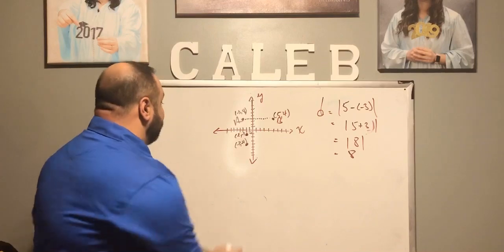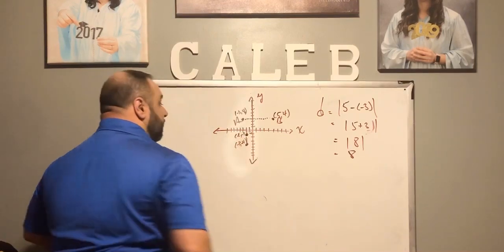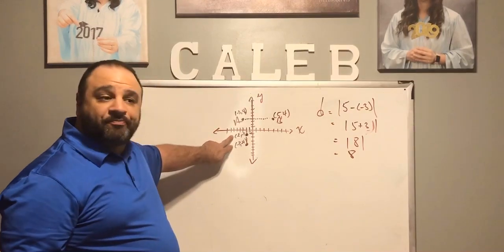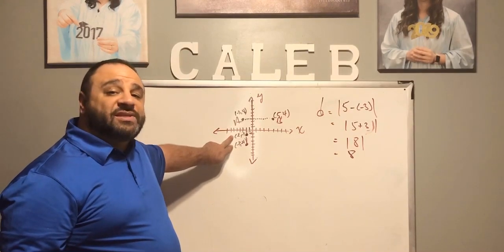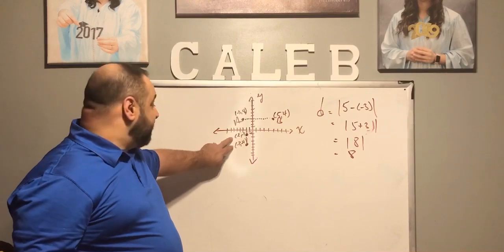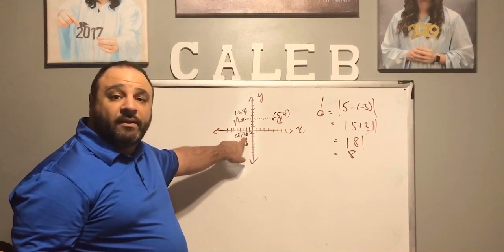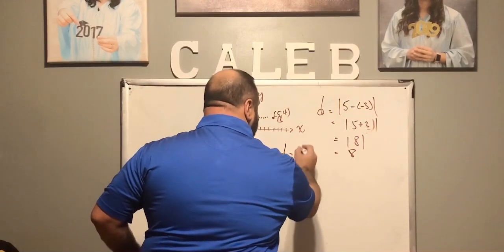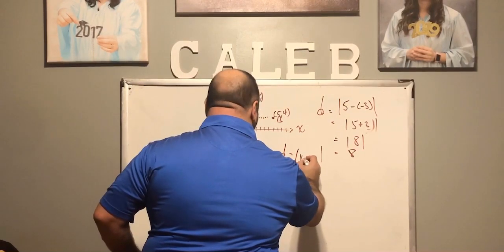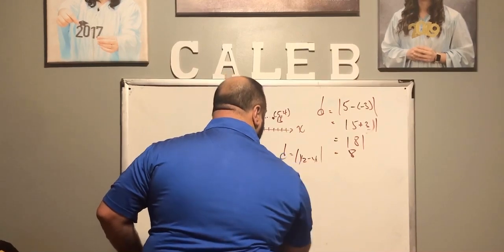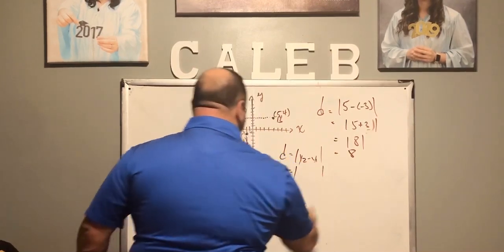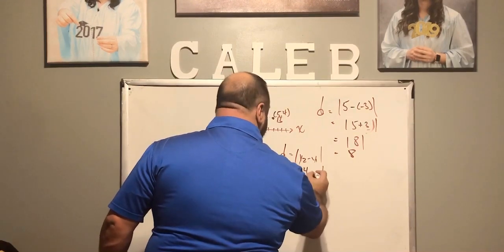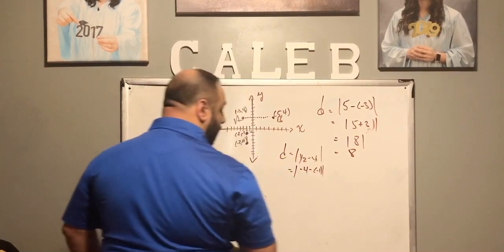What is the distance between those points? Now let's pay attention here. What do we have the same? We have the same abscissas. So if I have the same abscissa, then I simply subtract the ordinates. D equals the absolute value of our ordinates: negative 4 minus negative 1.